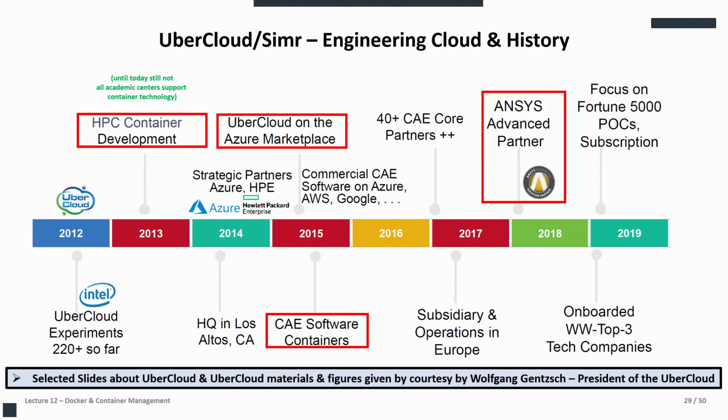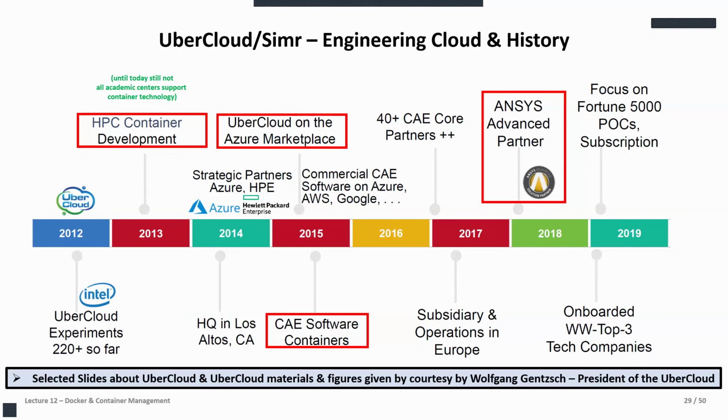But I think what I just want to show you is that during the course of the development of this company, it has made strategic partnerships with larger cloud providers. So in a way, you can see they don't see UberCloud and SimR as competitors, but rather as enablers of more engineering users, right?